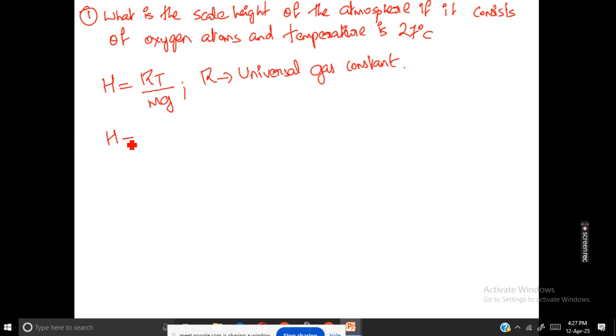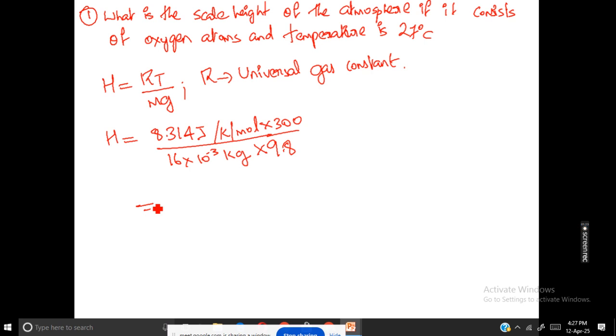So the scale height H will become 8.314 joule per Kelvin per mole divided by the mass of oxygen, which is 16 into 10 raised to minus 3 kilogram, into the temperature, which is 27 plus 273, giving 300, into 9.8.